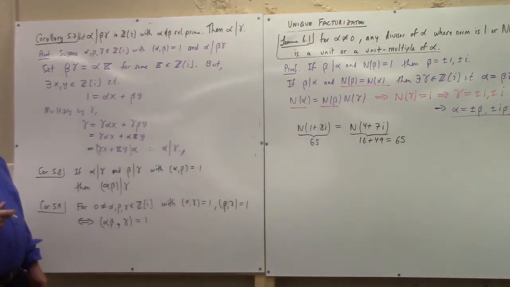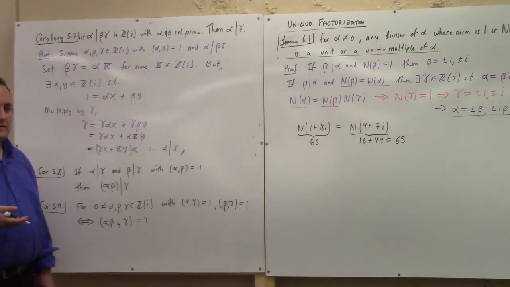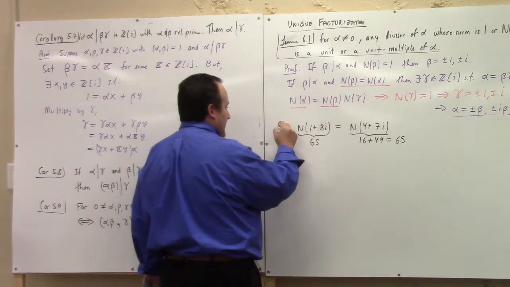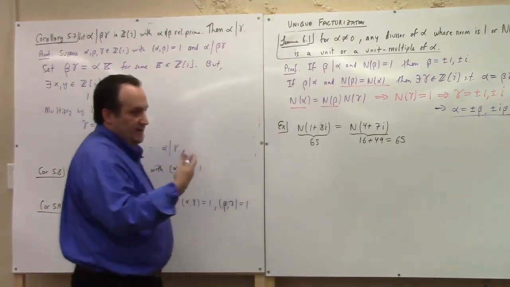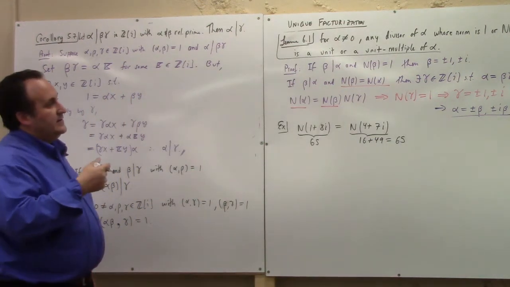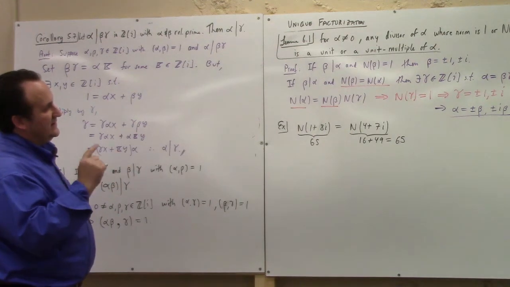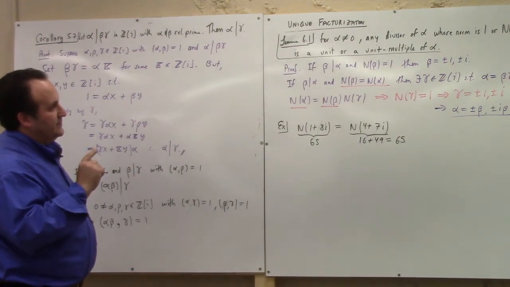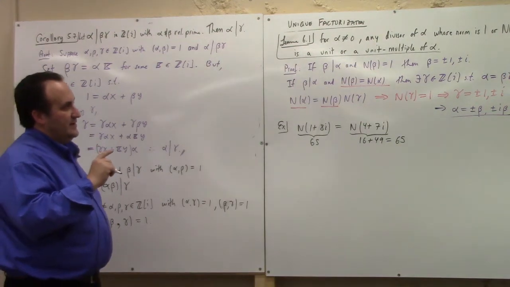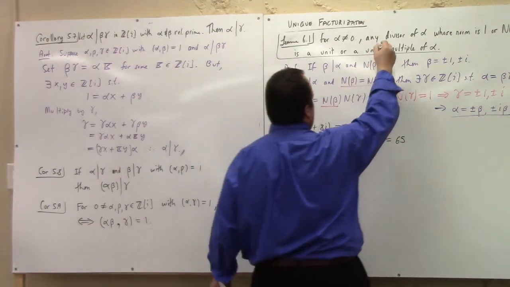So it is, of course, possible to have the norms of two Gaussian integers be equal, and yet they're not unit multiples of one another. However, notice the condition here is not just that they have norm alpha. The key is it's a divisor, right?